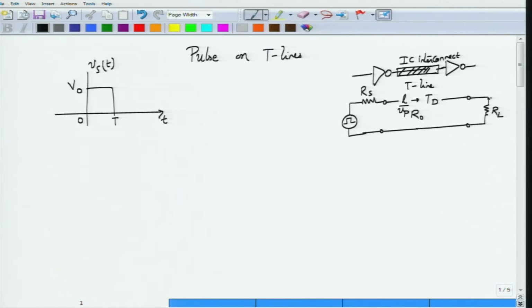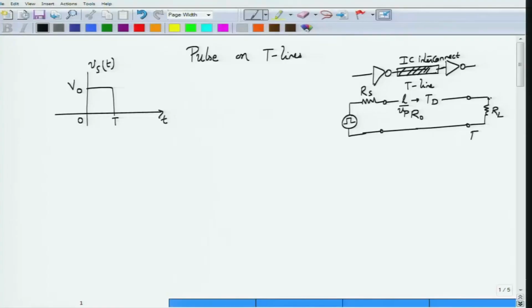Now how do we actually start this problem? We have already seen how the transmission line would carry a step voltage from the source side to the load side. There would be multiple reflections involved when gamma L, the reflection coefficient at the load side, is not equal to 0, or when gamma G is also not equal to 0.